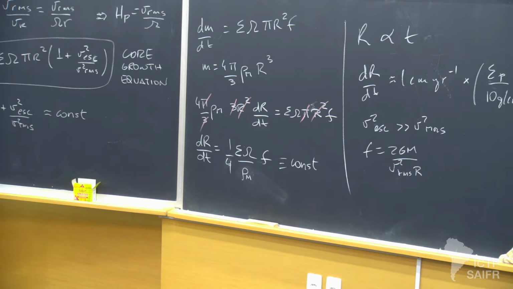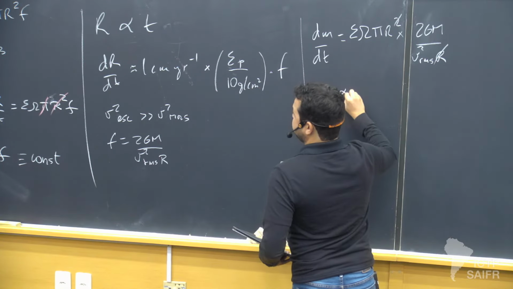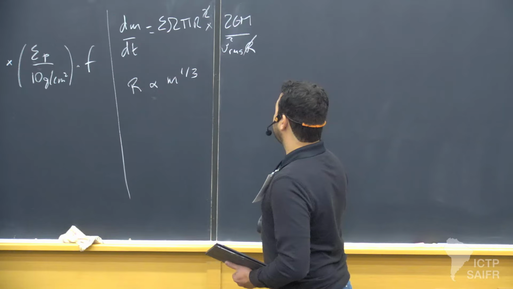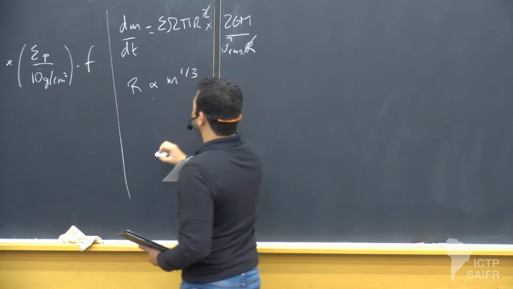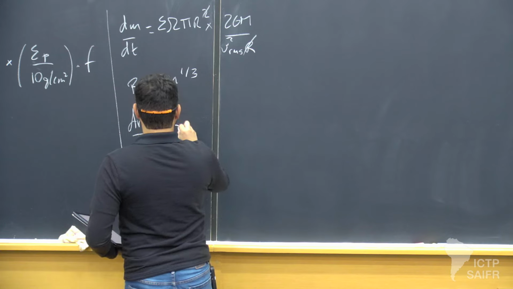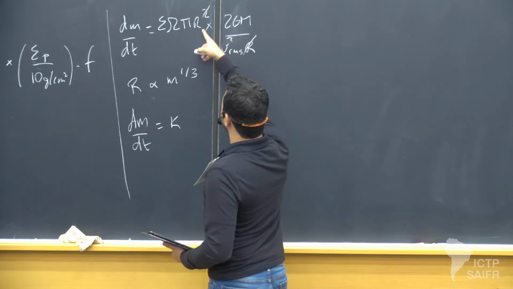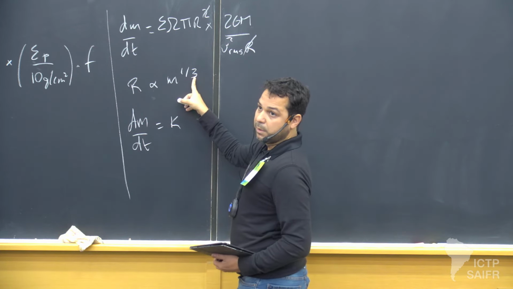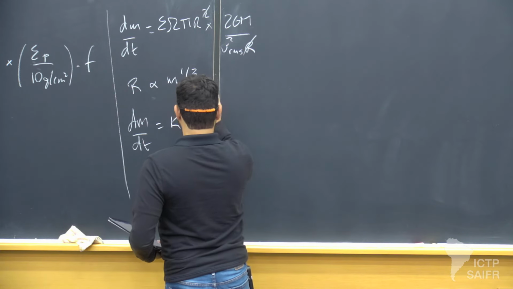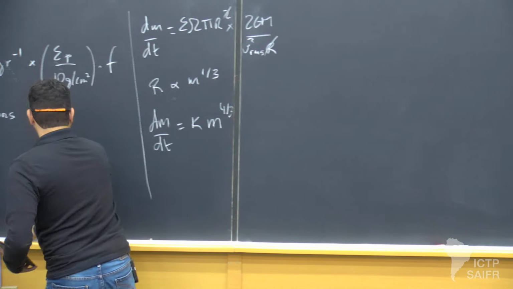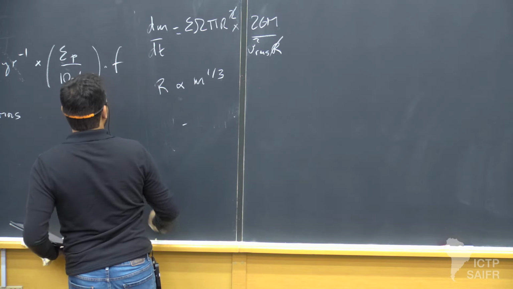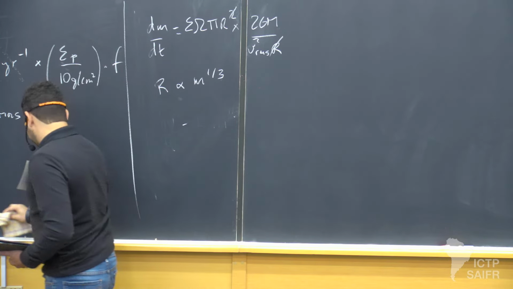So substitute r here by a function of the mass, the cubic root of the mass. And then what you have is an equation where everything else is constant, except for the mass. This radius is going to contribute m to the power of 1/3, so m to the power of 4/3. Let me write this better because this is the result that I was going to show.